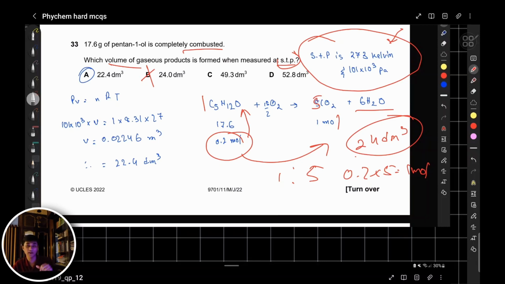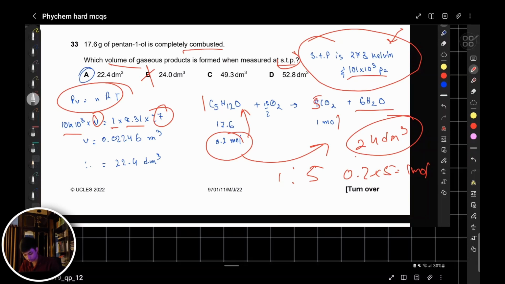So this is why you have to use this equation, and you know the pressure, which is 101 times 10 to the power 3. You don't know the volume. That is what you have to figure out. N, you know, 1 mole. The gas constant is 8.3 always. Temperature, if you're doing it in Celsius, is 273 Kelvin.